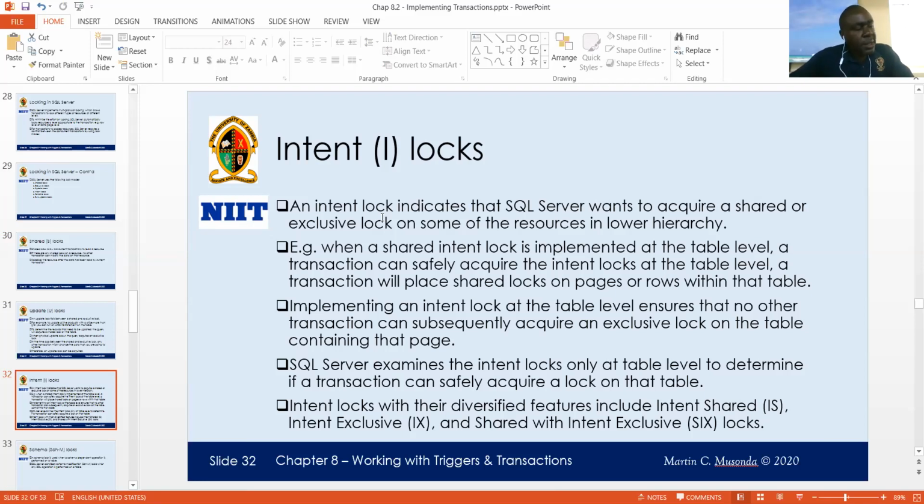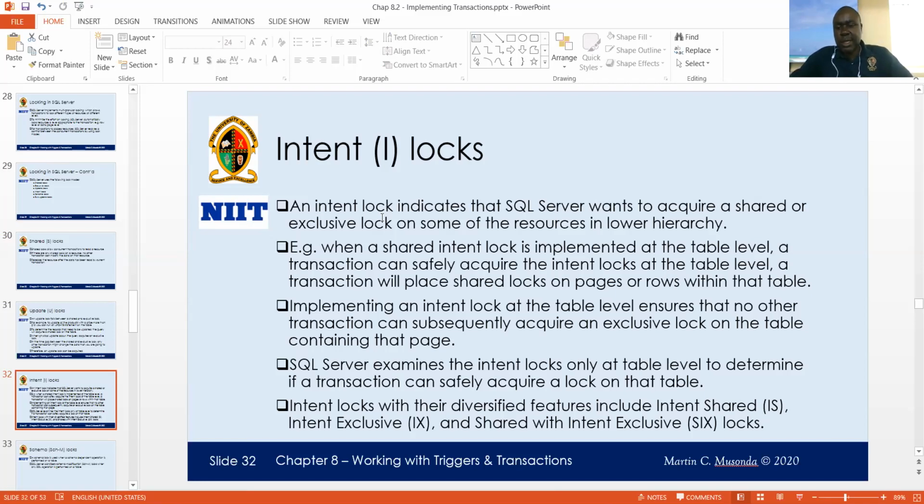That is when the transaction needs to have shared access to some of the resources. Intent exclusive, IX. That is when the transaction will need to gain exclusive access to a resource.